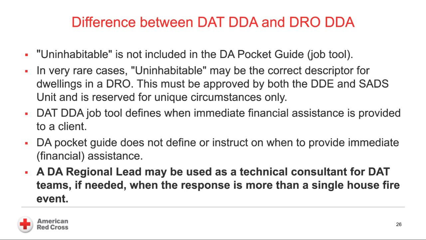So if an event starts to move from DAT to a DRO and you're not sure how to deal with that, besides the leadership you can get at the regional level, you'll want to make sure you contact that DA regional lead or somebody else who can provide that technical consultation, so that you can make sure our clients' or potential clients' damage assessment is being conducted in the best way we possibly can.